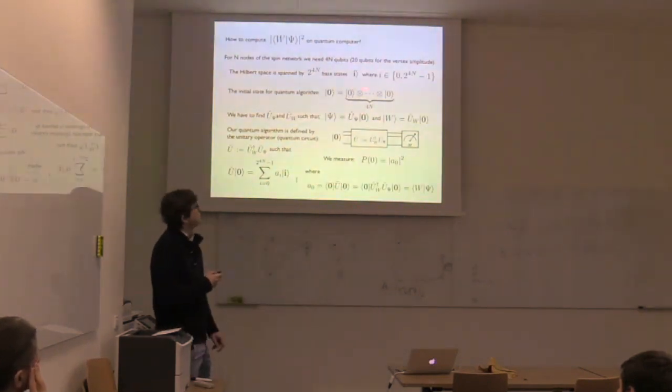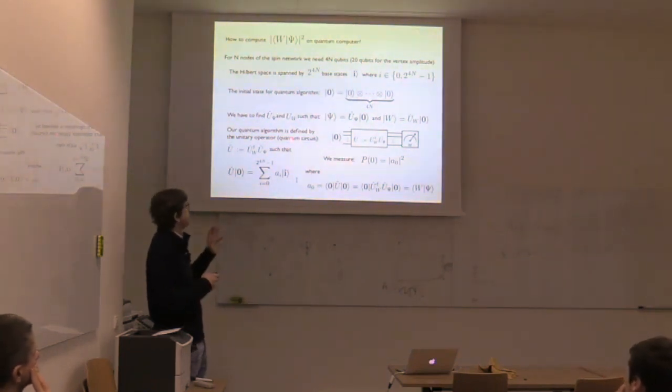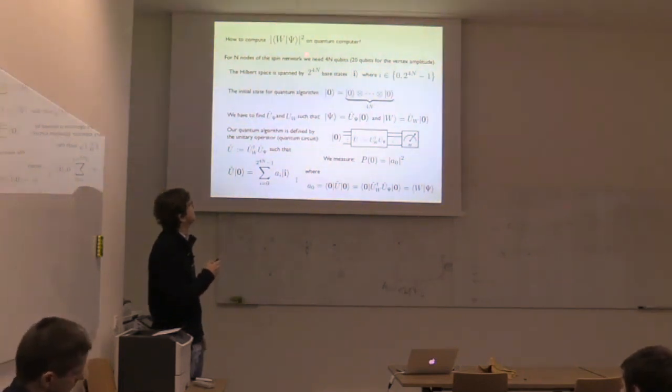And then you start with some initial state, which is a product of 0 states for 20 qubits, like here. And then I wrote a very simple algorithm to derive this number.